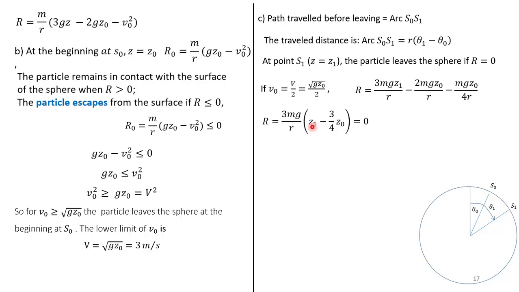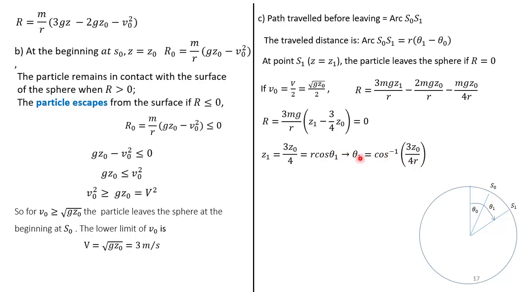Therefore, we can find z1 as a function of z0. So we will find that z1 is equal to 3 times z0 over 4, where z1 is equal to R cosine theta 1. Therefore, we can find theta 1 as a function of z0. So theta 1 is equal to cosine minus 1 of 3z0 over 4R. So this is theta 1.